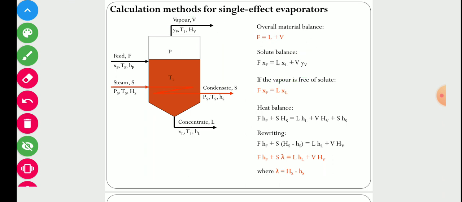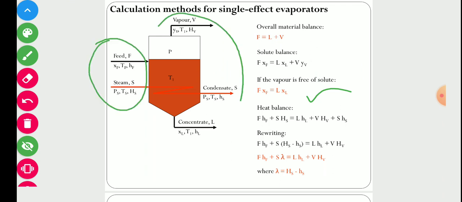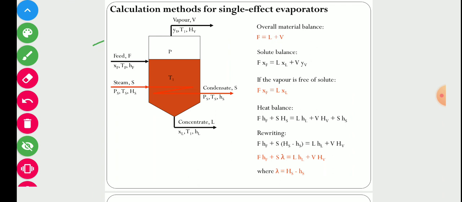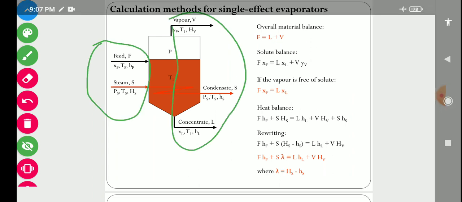Now if we apply a heat balance, then we have a total of 5 streams, 2 inlet streams and 3 outlet streams. Now the amount of energy in by these 2 streams, and the amount of energy out by these 3 streams.